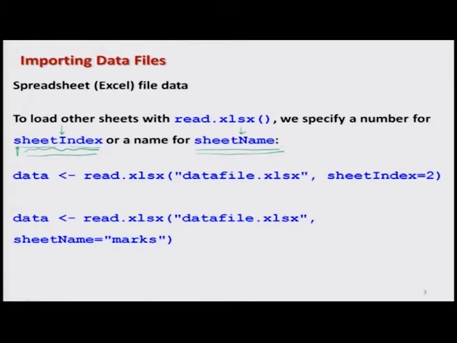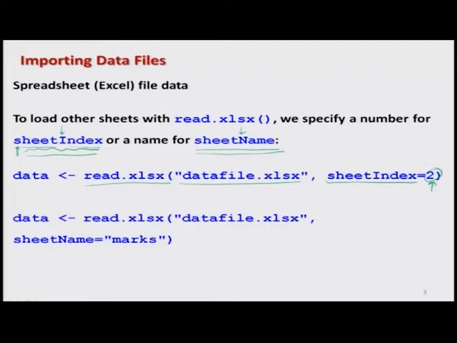In that case the complete syntax will be read.xlsx, then the name of the data file that you want to read inside double quotes, then you write sheetIndex and specify which sheet you want to read. For example, here I have given 2, which means I want to read sheet number 2.